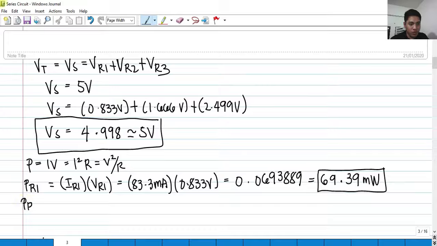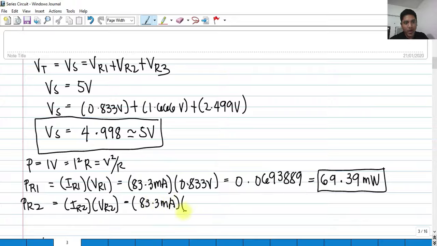For P R2, we have I R2, the current through resistor 2, and the voltage drop across resistor 2. Of course, the current is still the same because they are connected in series. The voltage across R sub 2 is 1.666 volts.